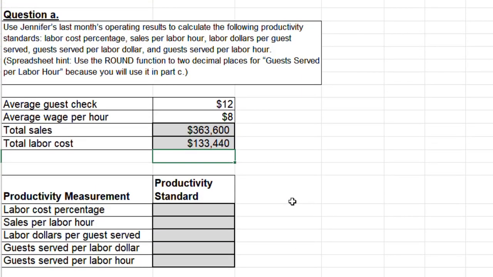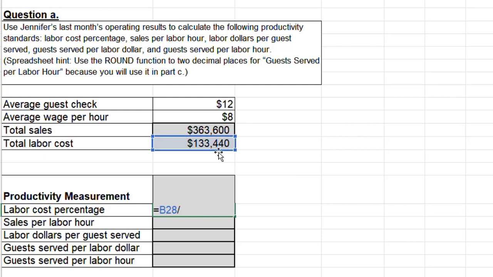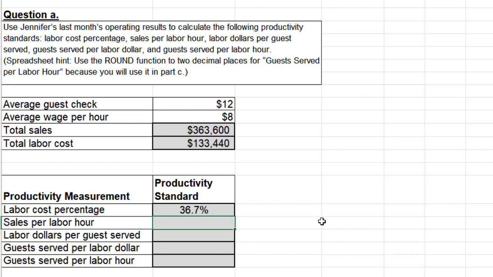All right, so let's look at our productivity measurements, okay? So first off is our labor cost percentage. That is our cost of labor divided by our total sales. And that gives us a labor cost percentage of 36.7%.